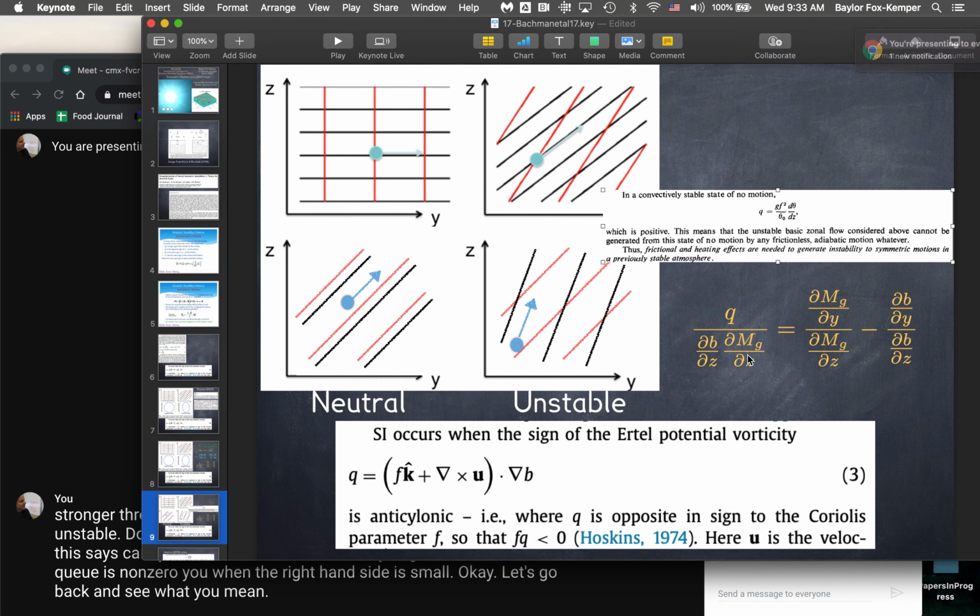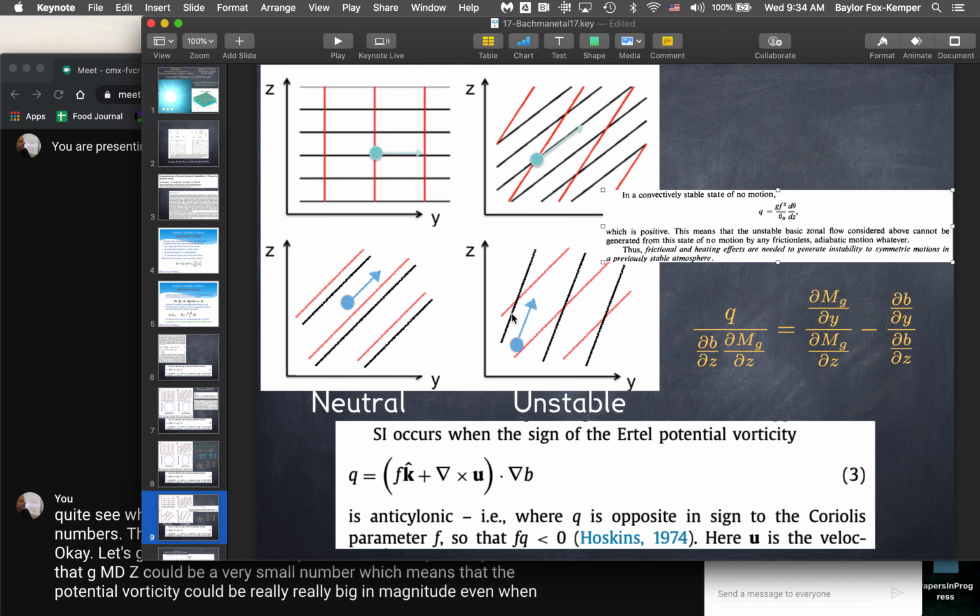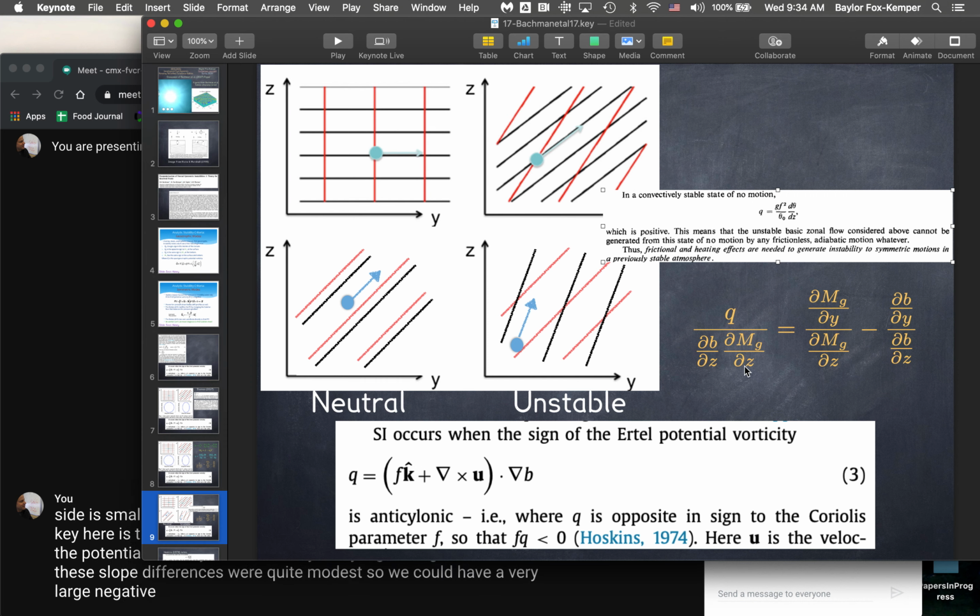Actually, the key here is that dm dz could be a very small number, which means that the potential vorticity could be really, really big in magnitude, even when these slope differences were quite modest. So we could have a very large negative PV if either the stratification was low or the absolute momentum was not that steep.